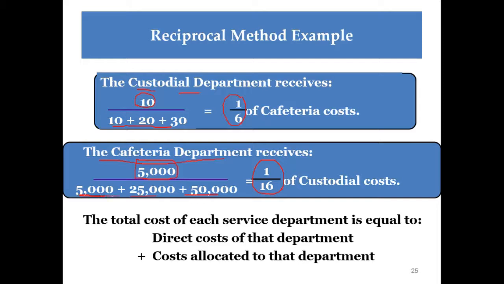So 5,000 of cafeteria, 25,000 of machining, and 50,000 of assembly is 80,000. 5,000 divided by 80,000 is 1 by 16 of custodial cost that the cafeteria department will receive.